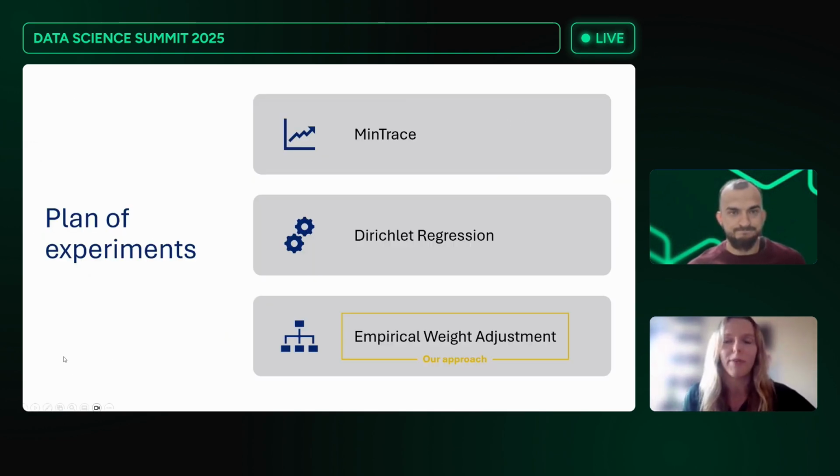So let's go through the plan of our experiments. First, we will show you mean trace and Dirichlet regression, and at the end, we will show you our approach, which is empirical weight adjustment.